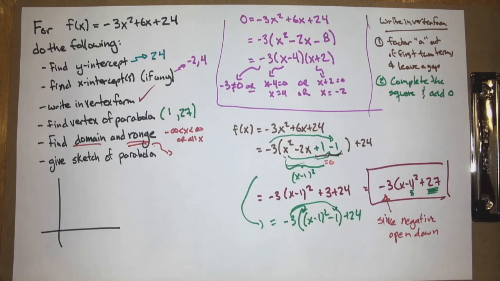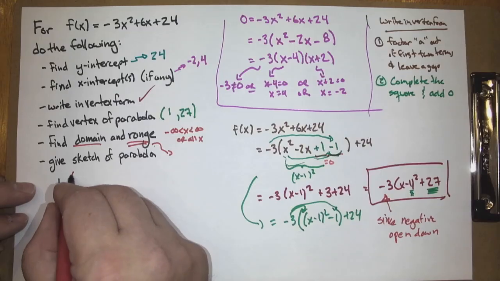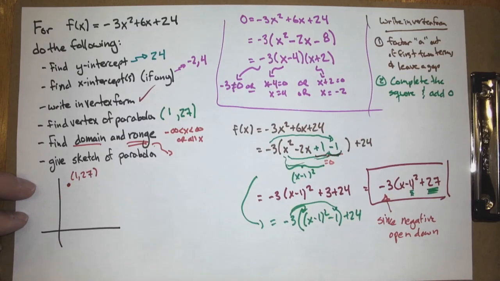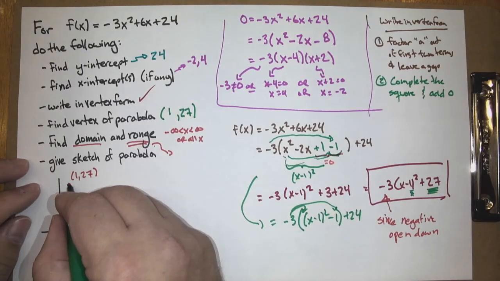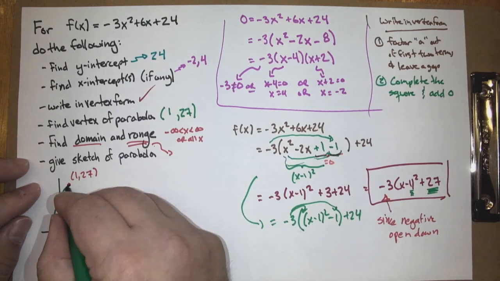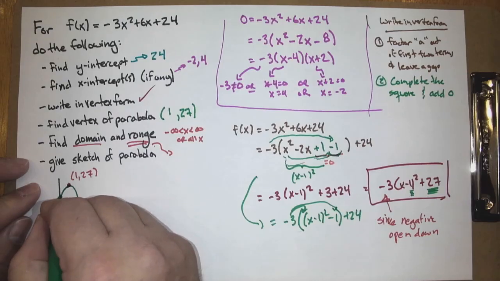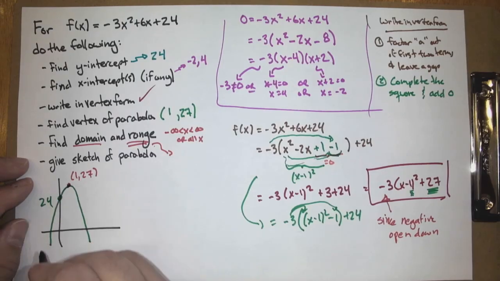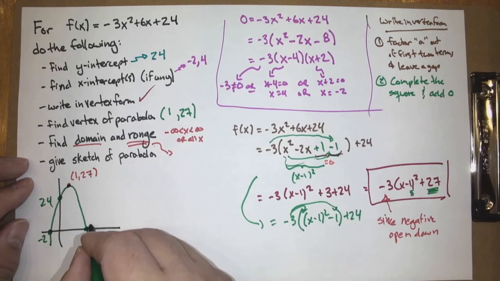So that's a point. Picture may not be to scale. So there's 27. And then we open down. This point, by the way, is 24. That's where we hit the y-axis. Over here is negative 2. Over here is positive 4.